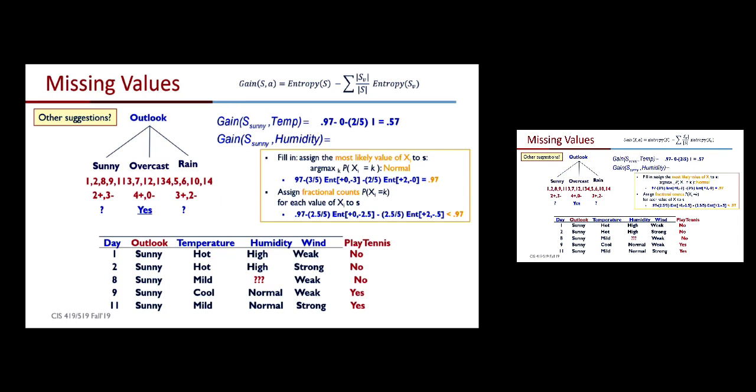I think it's 0.97 minus something. So this is assuming the mean value is high. No, the second calculation assumes that it's fractional, that it's half normal and half high. Okay? Okay. Any other questions on this?